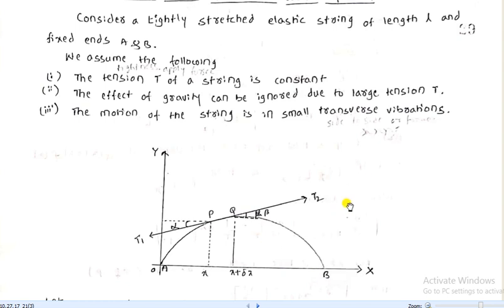So in this string we will take 2 points P and Q, or we can say that P and Q are any 2 points on the elastic string here. T1 denotes the tension applied at the point P, and T2 denotes the force applied at the point Q. T1 is in the lower direction, so its sign is considered negative, and T2 is in the upward direction, so it is denoted with a positive sign here.